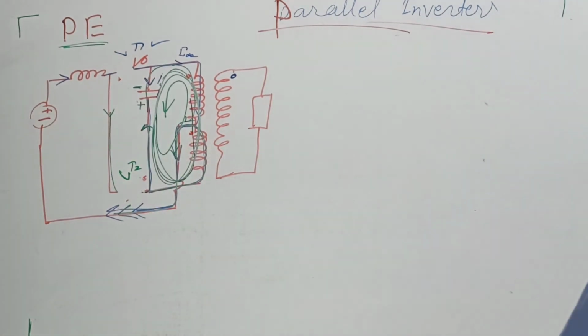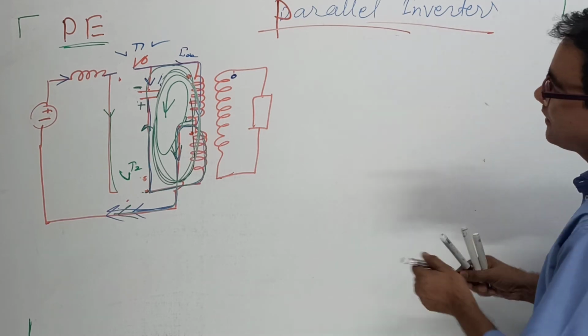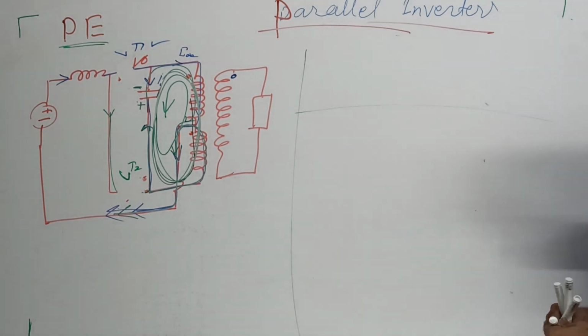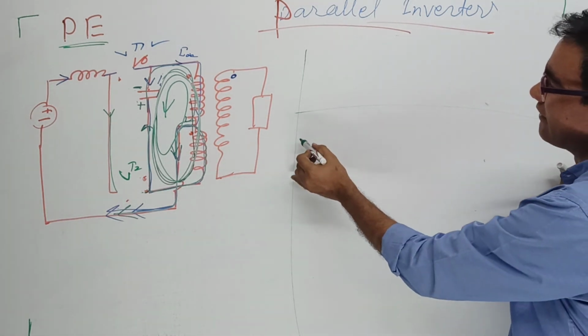So I'll draw the waveform diagram. When switch 1 is on, initially the capacitor has a voltage like this.